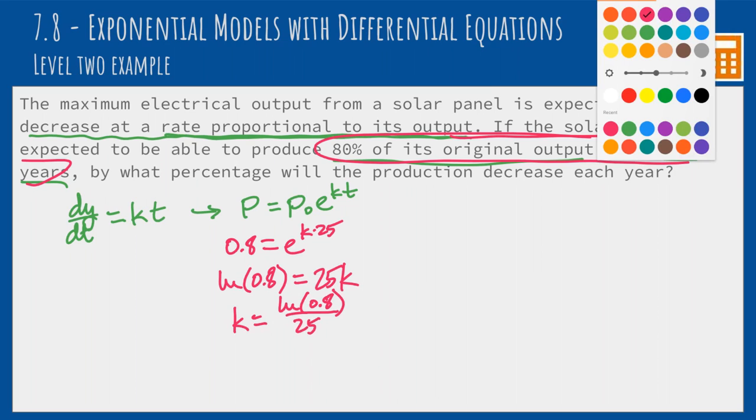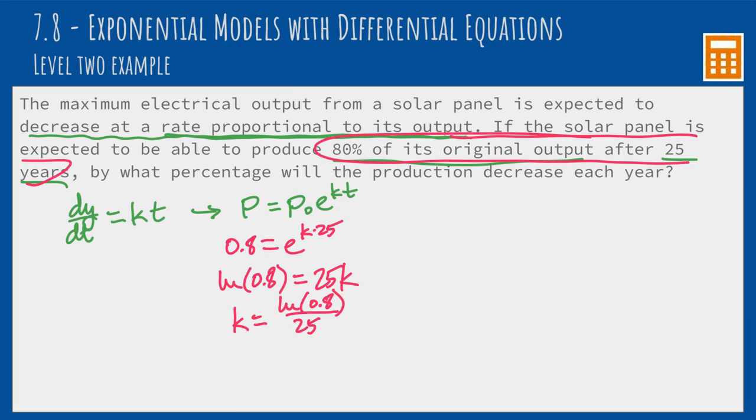Then what I want to do is figure out what the output, or the production, is going to be after 1 year. So I'm plugging now 1 in for t, and we're going to get the production after 1 year, or the output after 1 year is going to be the initial production, which is 1, times e to the k, which is natural log of 0.8 over 25 times t.